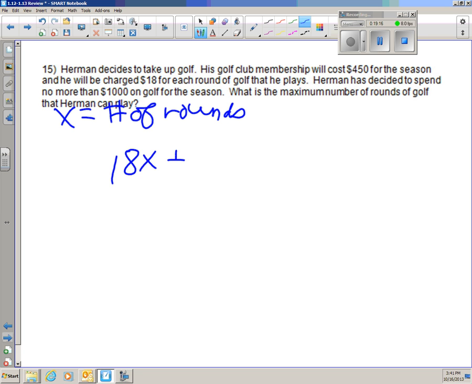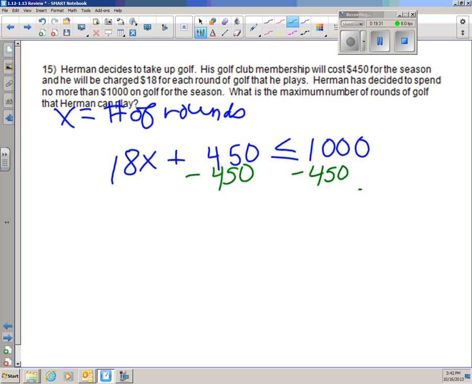$18 per round plus the membership that he has to pay has to be, in the end, no more than $1,000. Well, let's subtract 450 on both sides. 18x less than or equal to 550.